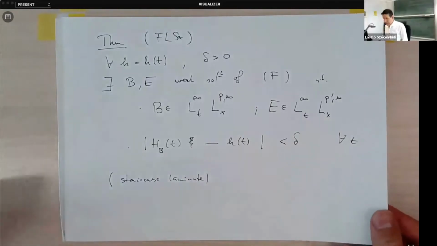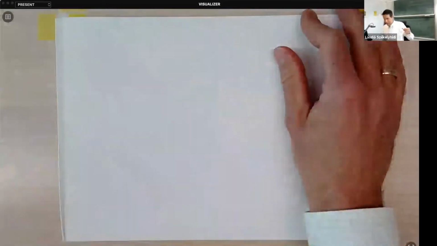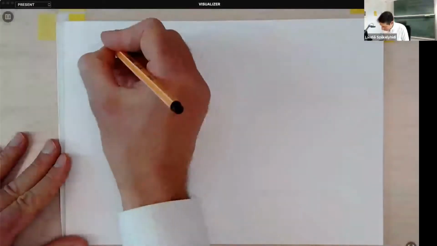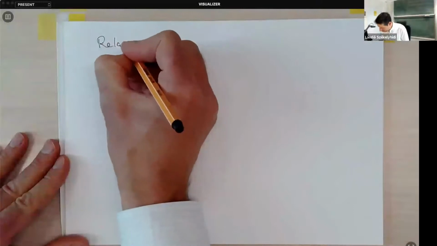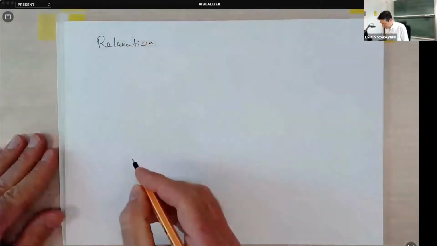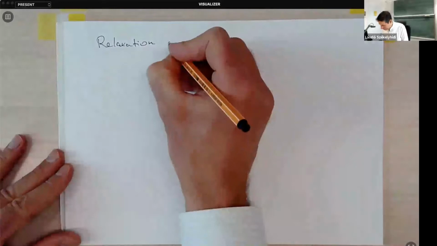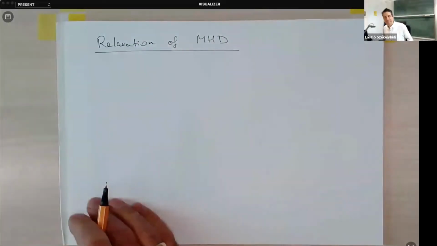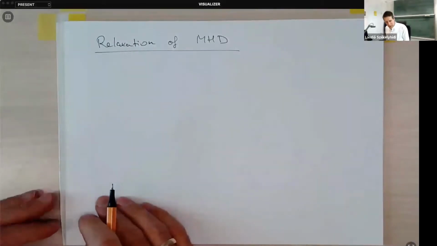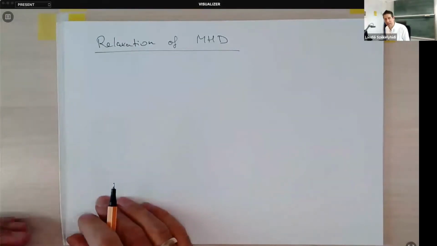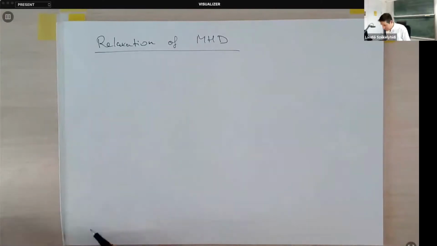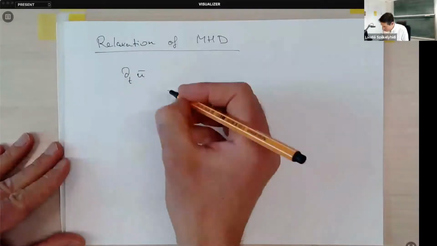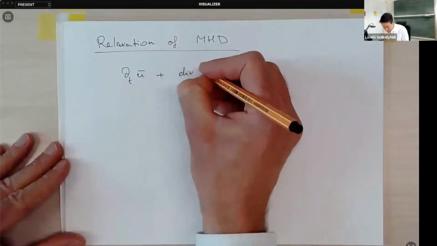And coming back to MHD, my final message is, I won't call this relaxation, but relaxation in the mathematical sense, not the Voigt-Taylor sense. With this diff-curl lemma or diff-curl structure, we can identify the correct averaged equations. So different from what people in physics do, we should look at the equations.